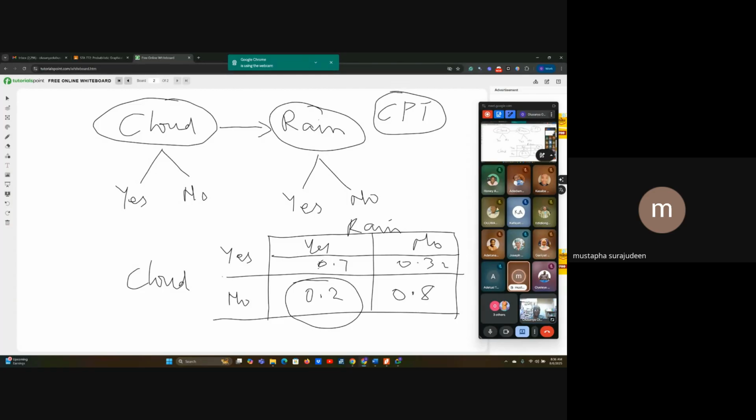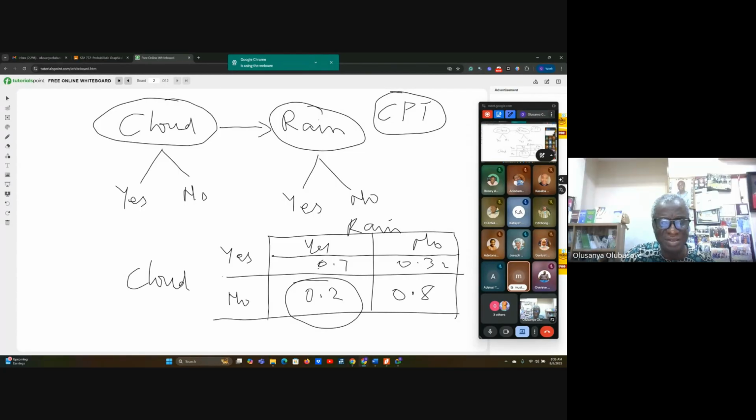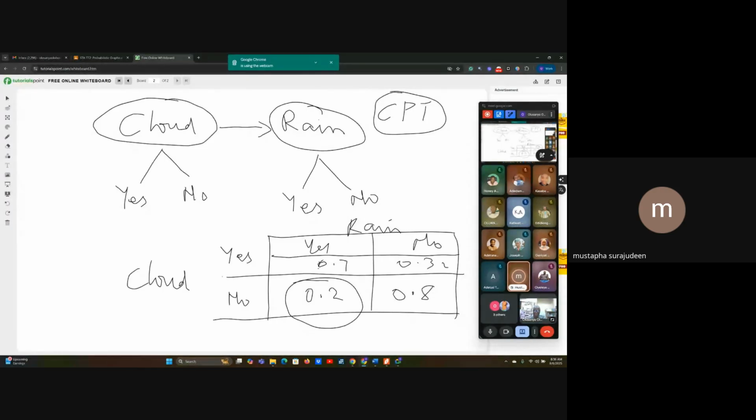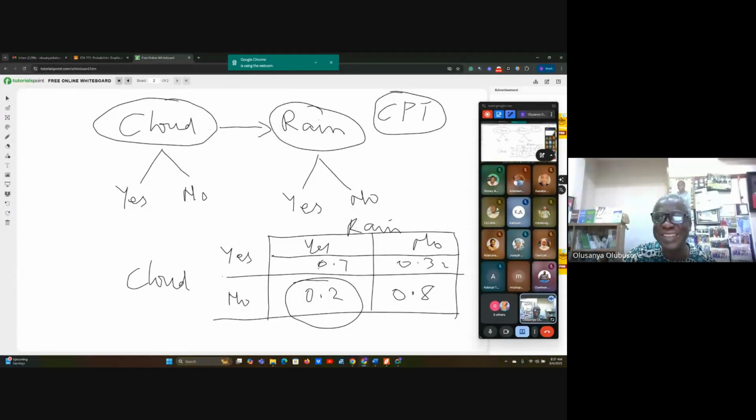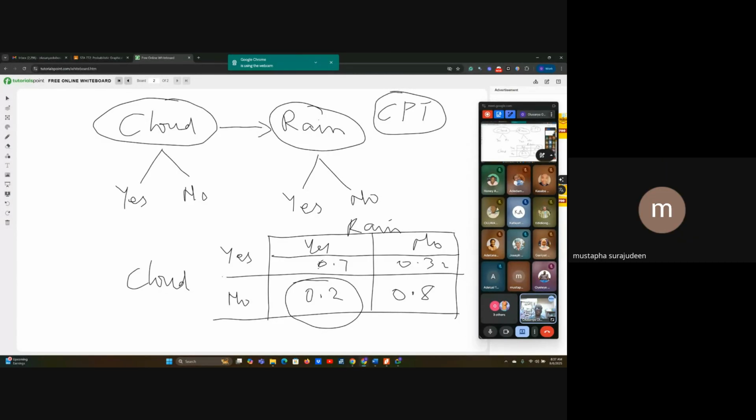Okay, sir. If the sky is not cloudy, it is not going to rain. It's not that it's not going to rain, only that the chance is 20%. It is low.